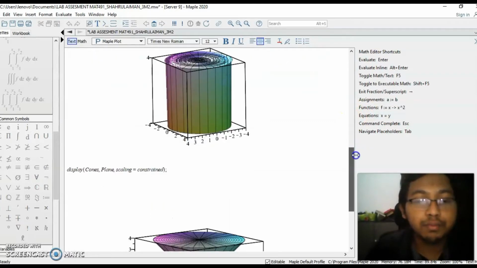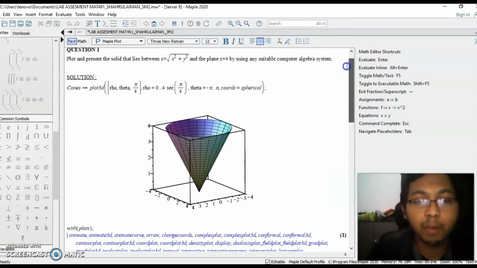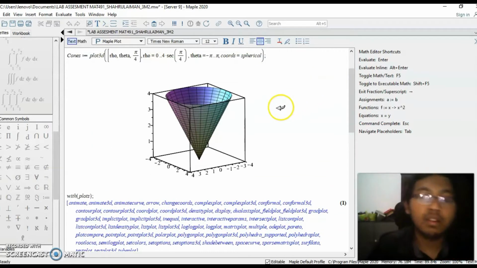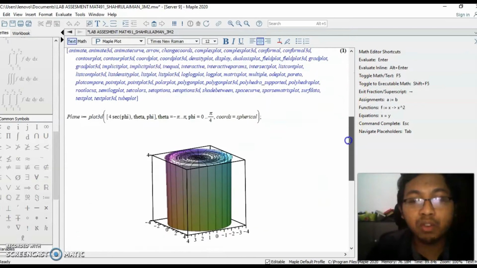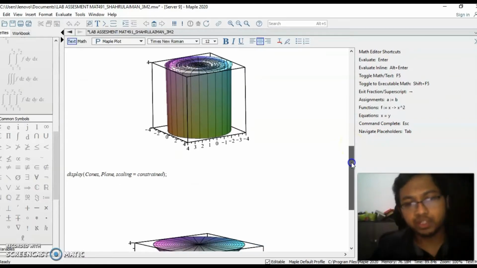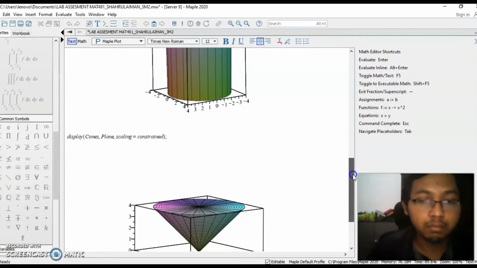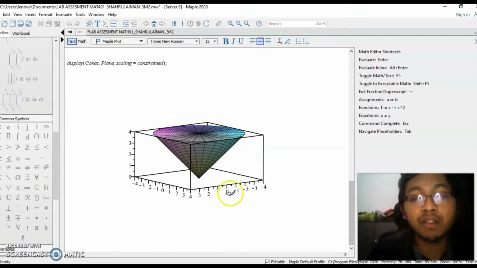Now I want to join and combine those two solids, the cone solid and the plane z equal to 4, into one solid. By using display of cone and plane, with scaling equal to constrained, this is the final solid that we obtain in this question, a cone shape.